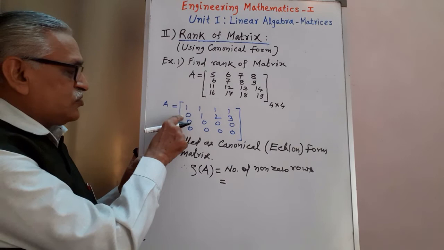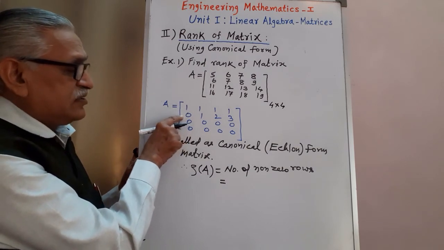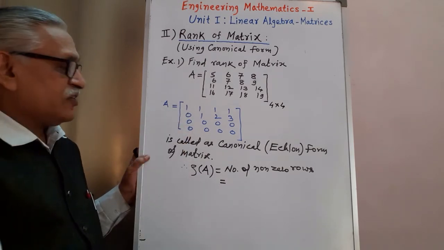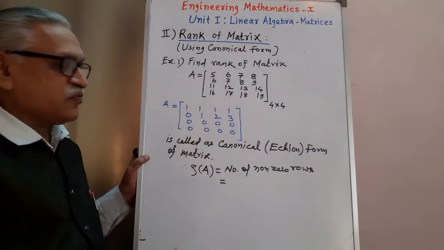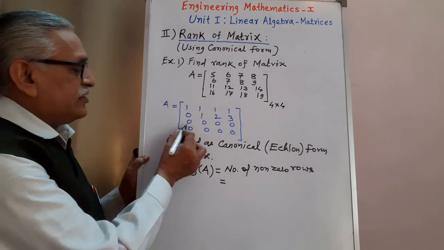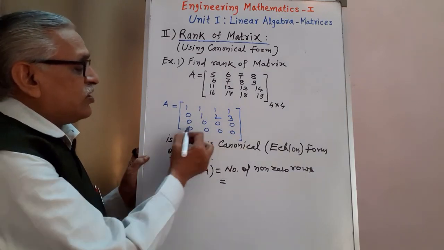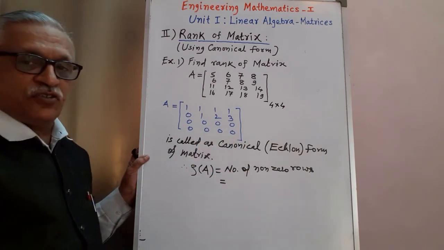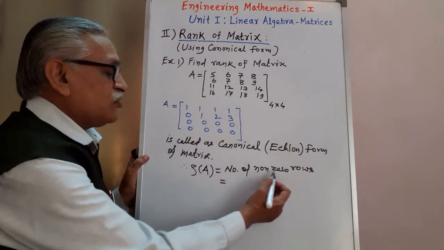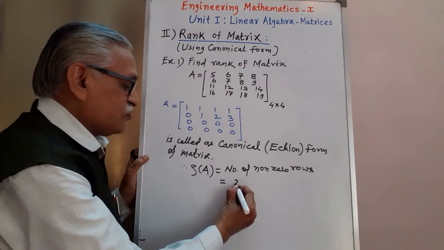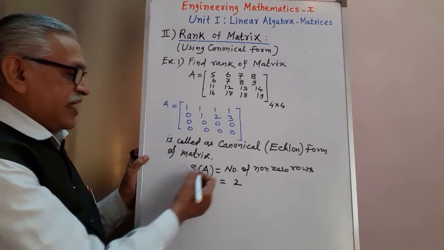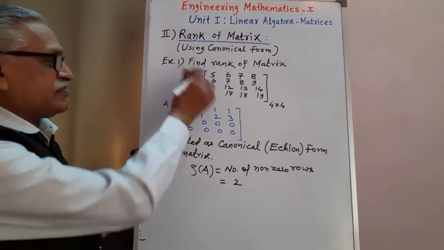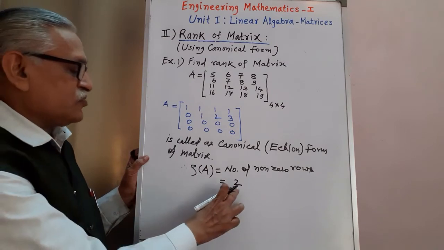Therefore, first two rows are non-zero rows where at least one element is non-zero, and the remaining two, as all elements are 0, are zero rows. Therefore, number of non-zero rows here is 2. And therefore, rank of this matrix by this canonical form technique is 2.